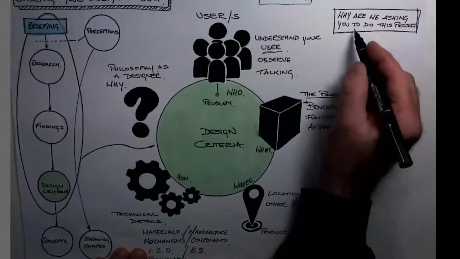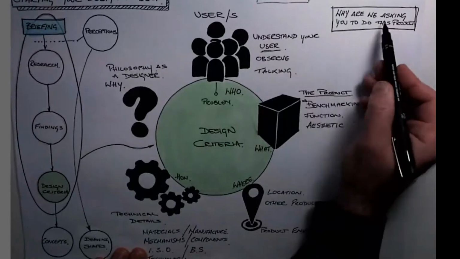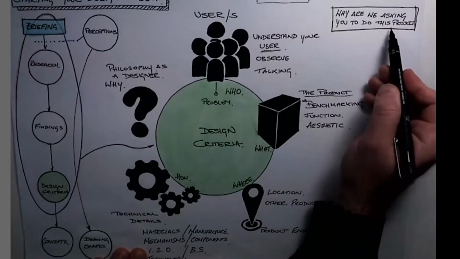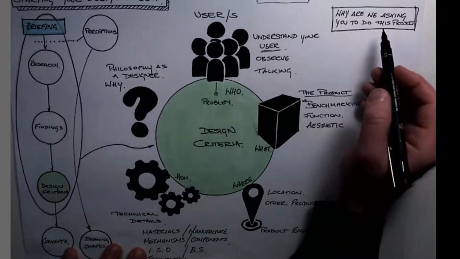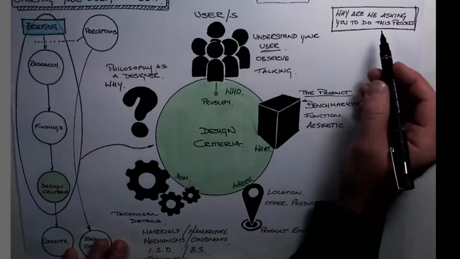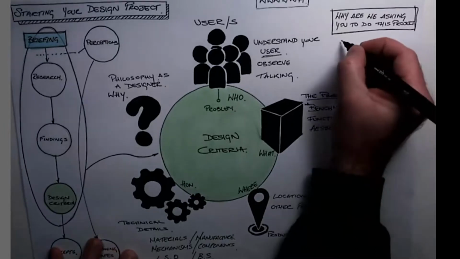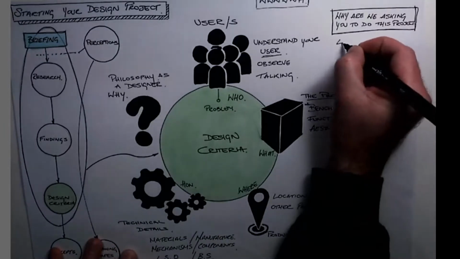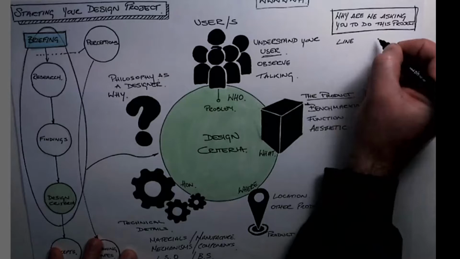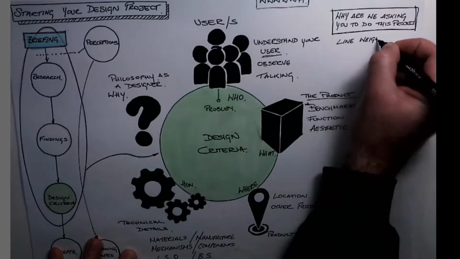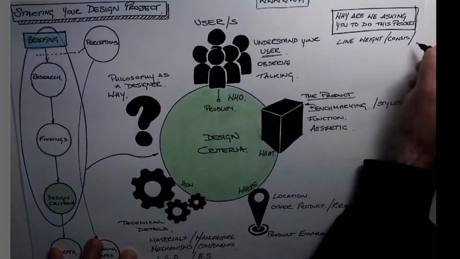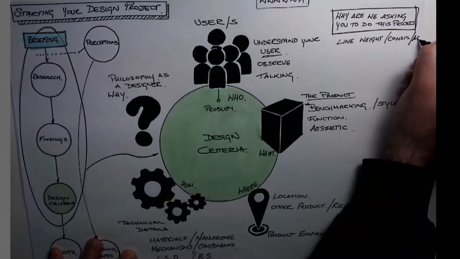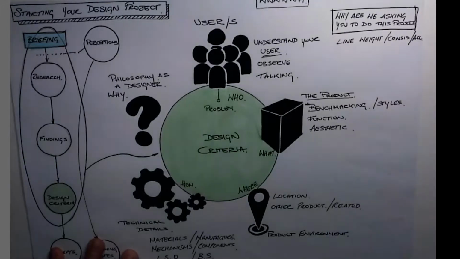So now let's just clarify, what are we asking you in this project? If you think about the projects that you have got since you started here, there are certain skills that we've taught you. Line weight, consistency, and accuracy. That's one.